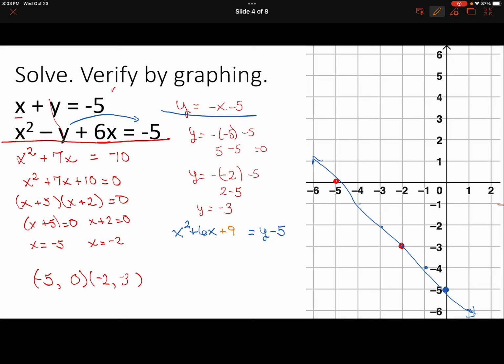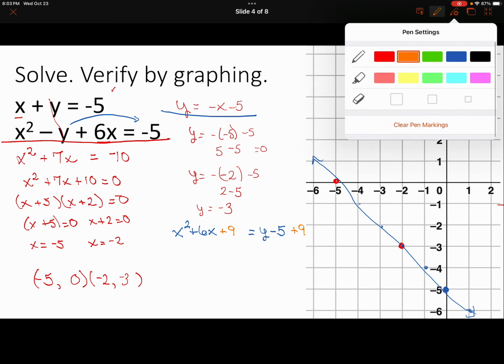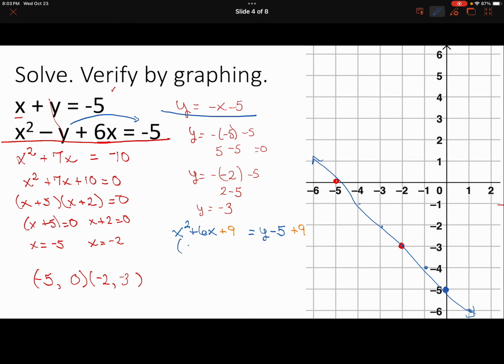If I add 9 to the left side, I have to add 9 to the right side. And that gives us an x plus 3 times an x plus 3, or an x plus 3 squared. And y minus 5 plus 9 is y plus 4. So when we subtract 4 from both sides, x plus 3 squared minus 4 is equal to y.